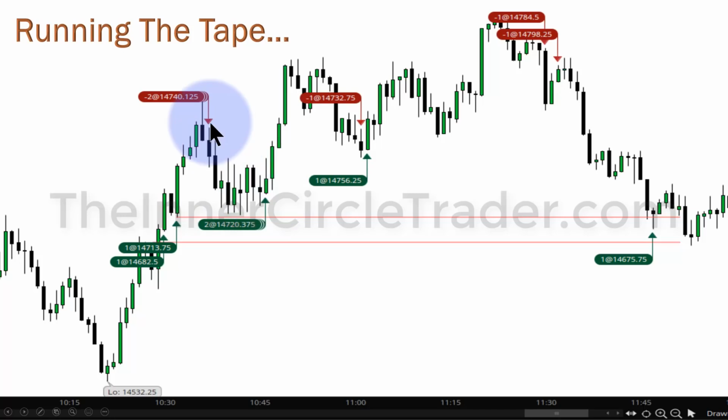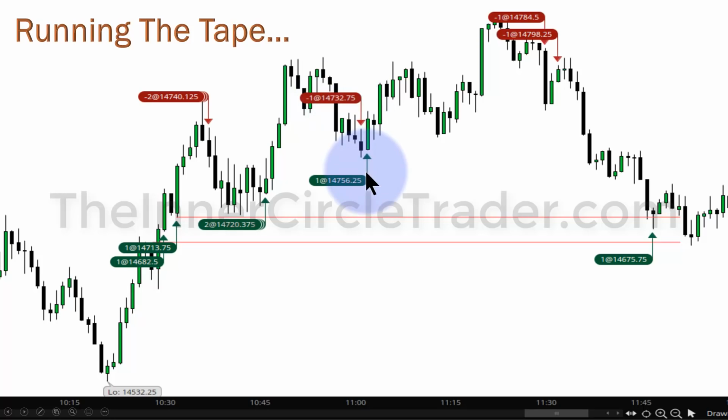So I'm selling short here, and I'm buying long here. 740 to 720, that's 20 handles. Going long here at 720, I'm abbreviating the number just for brevity's sake. Getting out at 732, 12 handles.